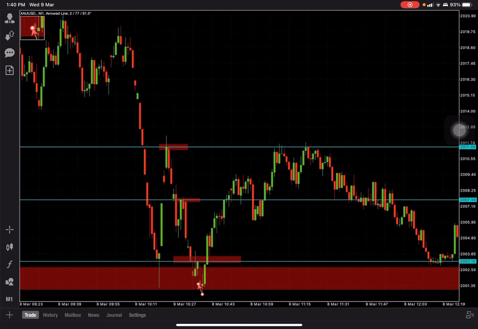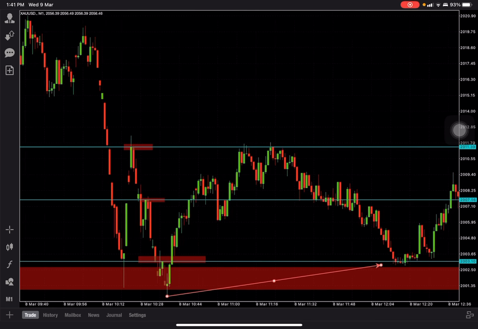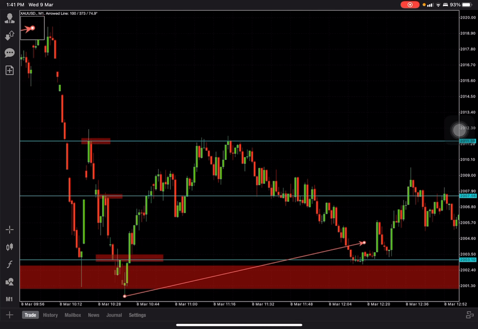Okay, it reject 100 pips, break our resistance. Okay, so once you see it reject 100 pips, and then we wait for pullback, and as what I given yesterday, a buy setup around this area.